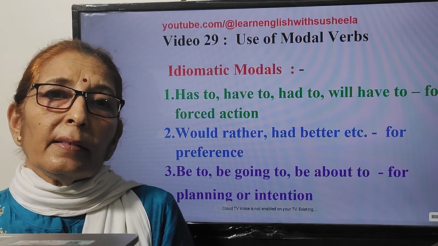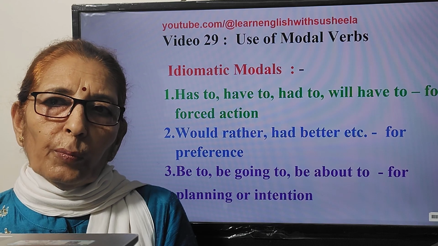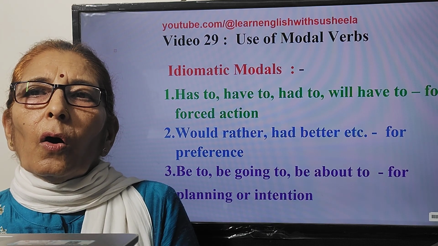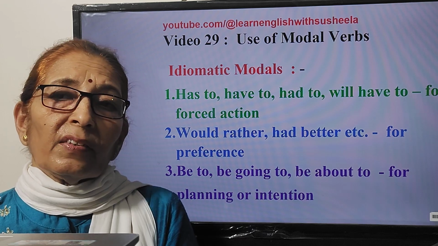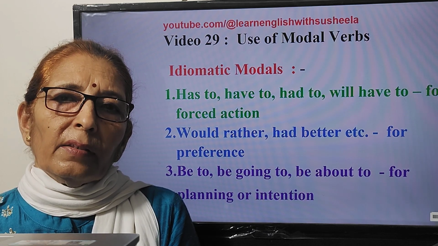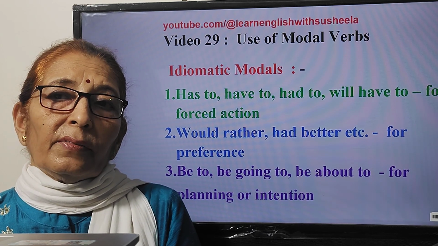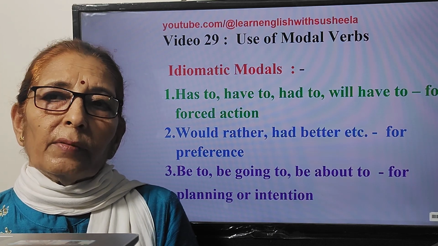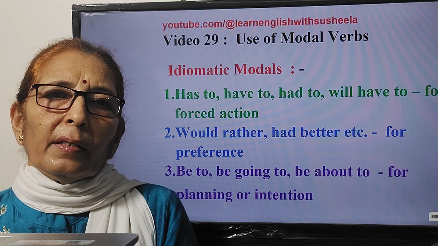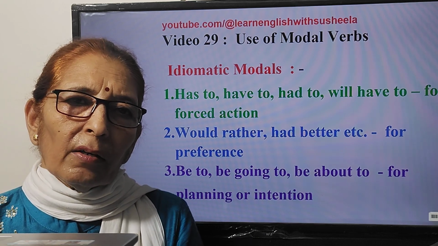Then third category, be to, or be going to, or be about to. Here be means the helping verbs is, am, are. Just as is to, or are to, or am to. Example may be, he is to take his lunch now.